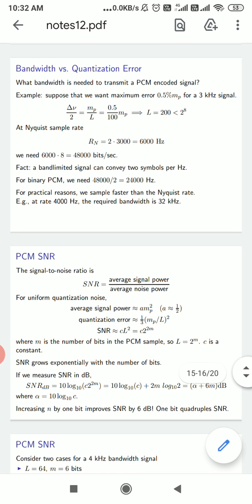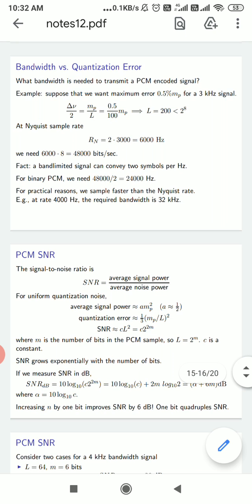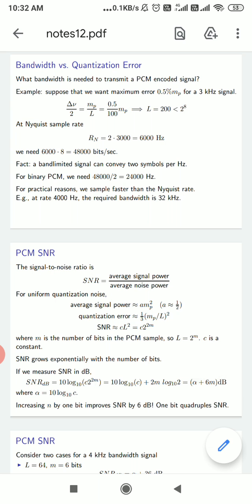And we are supposed to find L, and what bandwidth is needed to transmit the PCM, because this is the question. We have the equation MP equal to delta V into L upon 2.